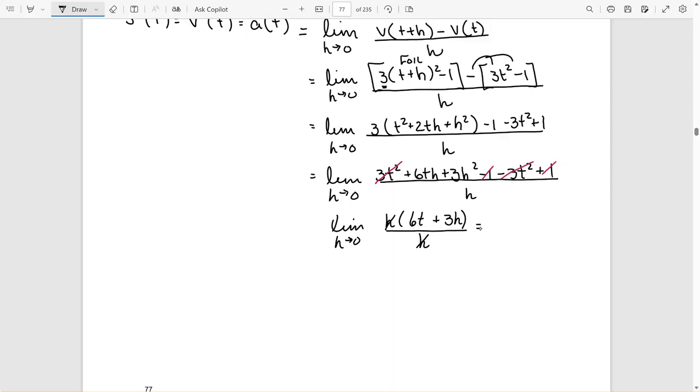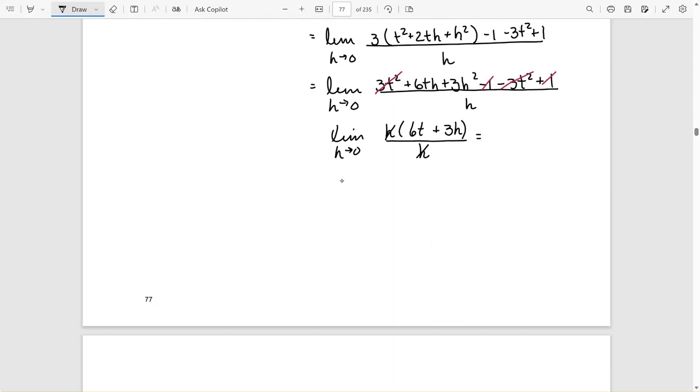Cancel the h's, and then I can substitute in the 0 for h, which means this term's going to go, and I'm left with 6t. So the second derivative of position, which is known as acceleration, comes out to be 6t.